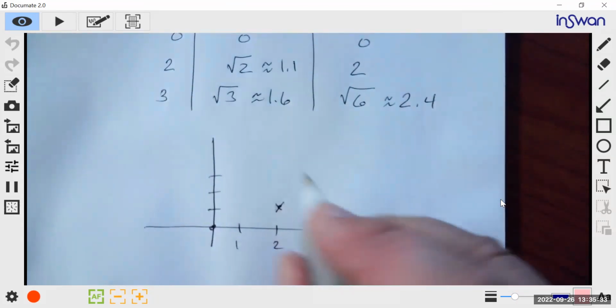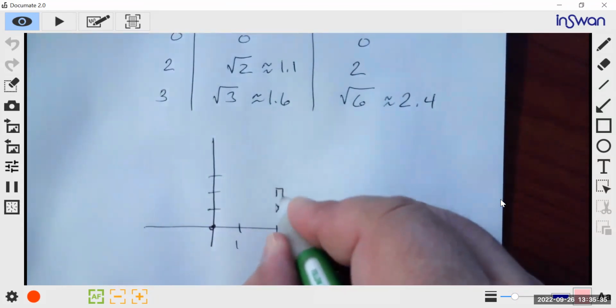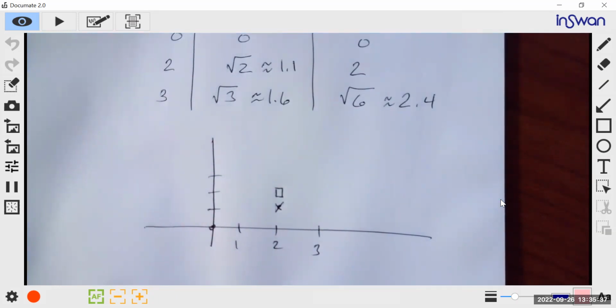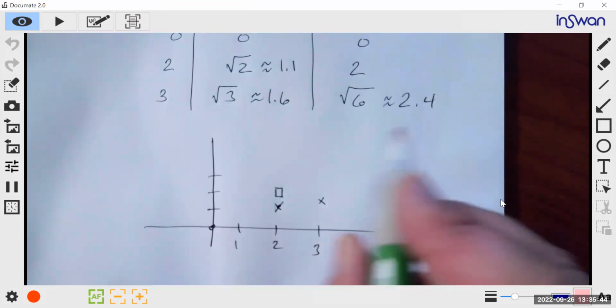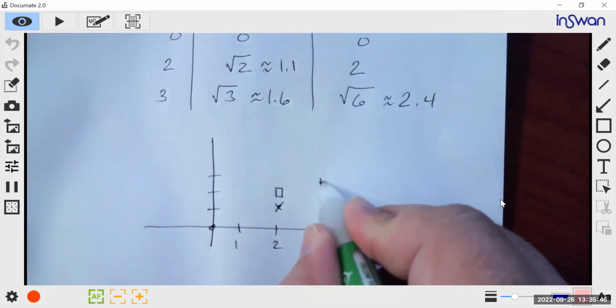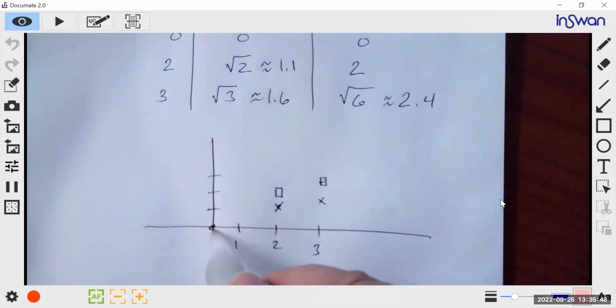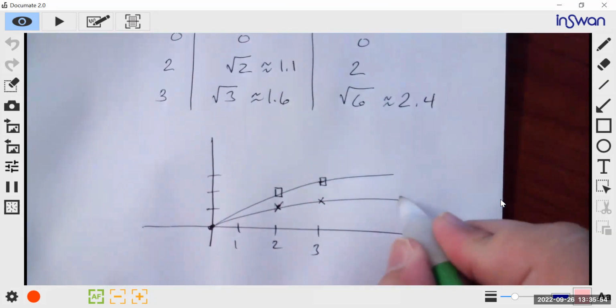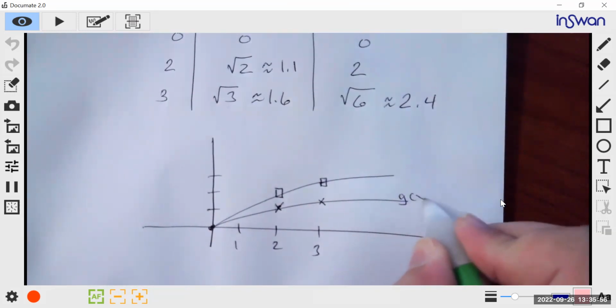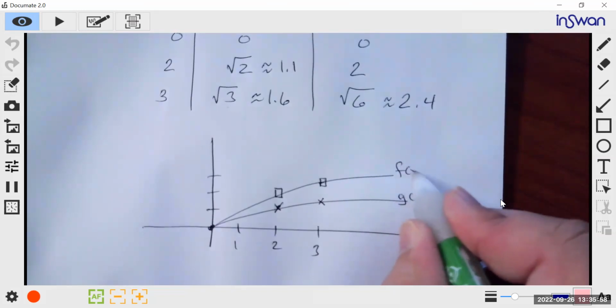So this is the first one, this is the second one. What at 3? 1.6 as opposed to 2.4. So this is g of x, this is f of x.